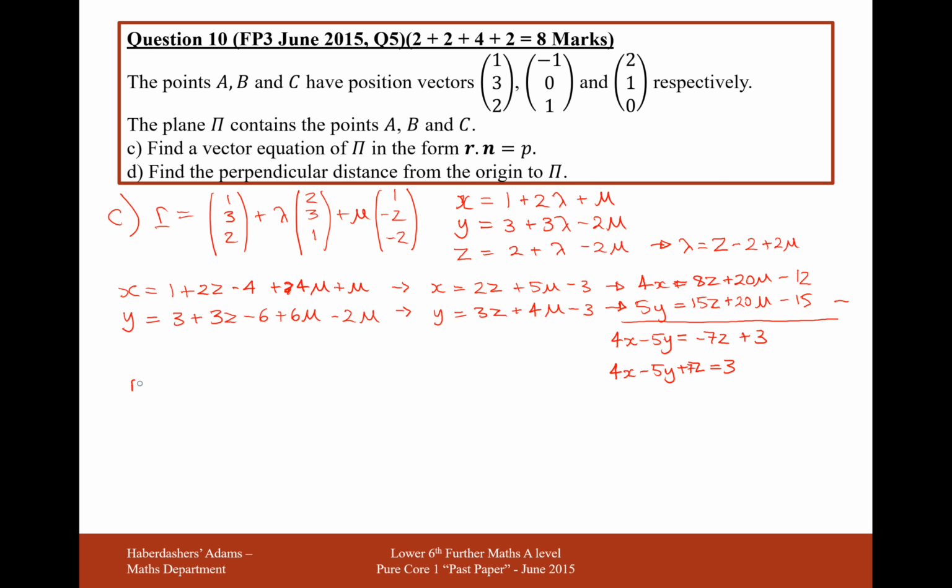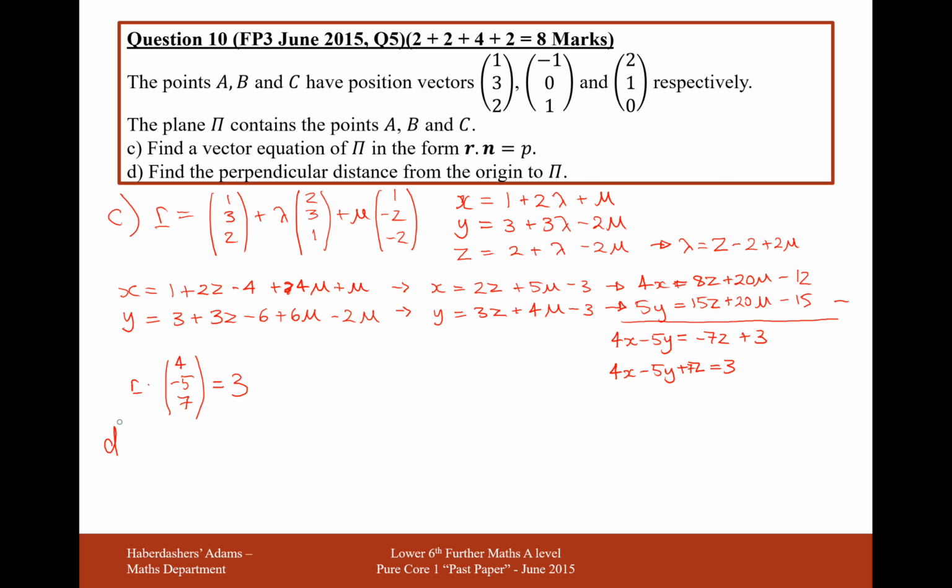So therefore, in r dot n form, the n part is going to be (4, -5, 7), straight from the coefficients of this Cartesian form. And the p part here, that's going to equal 3. Okay.